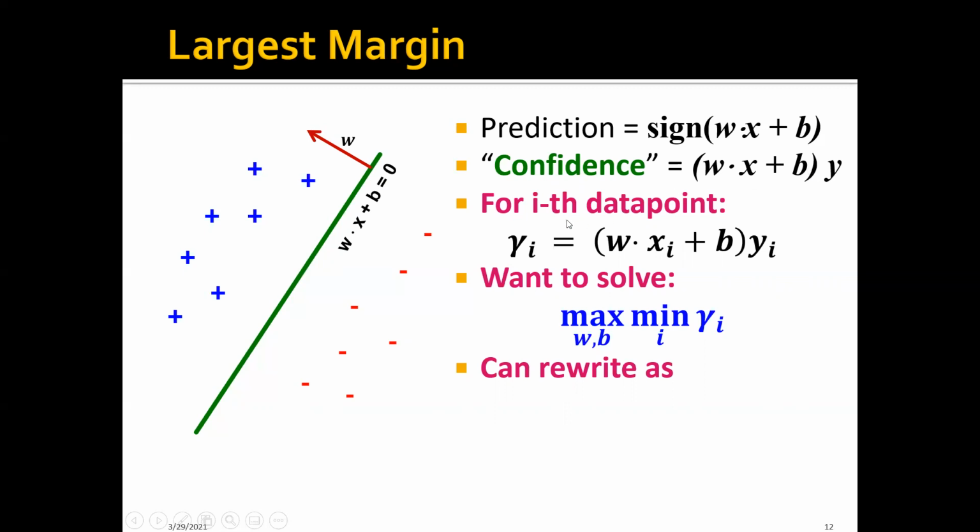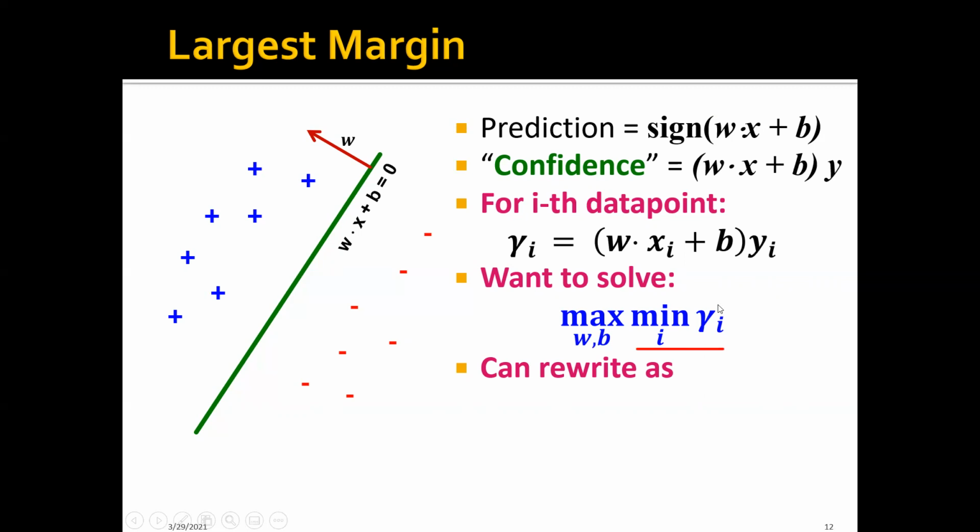So specifically for the ith data point, the distance of this data point to the decision boundary is gamma i, which is equal to W times Xi plus B, times Yi. This comes directly from our previous slides. So the problem of learning a classifier that has the maximum margin is equivalent to solving this optimization problem.